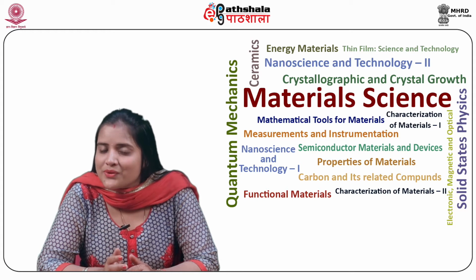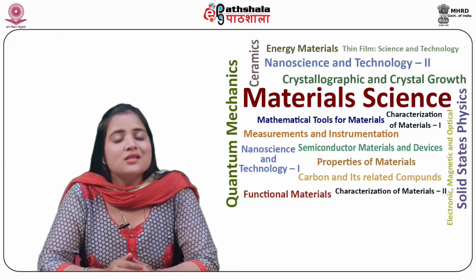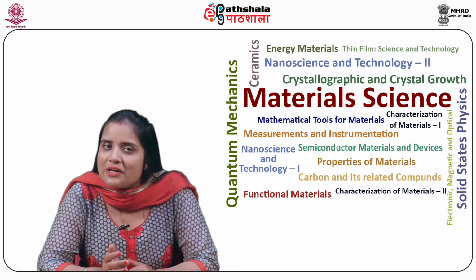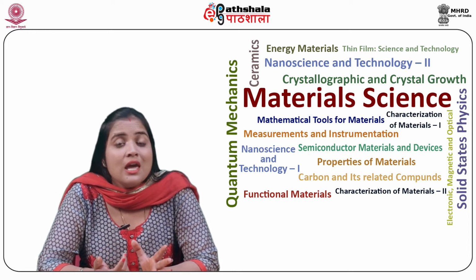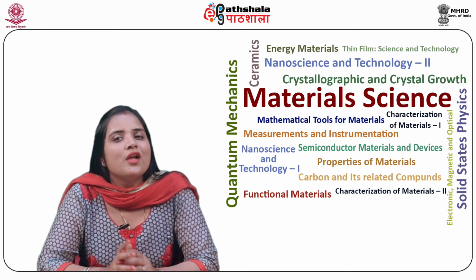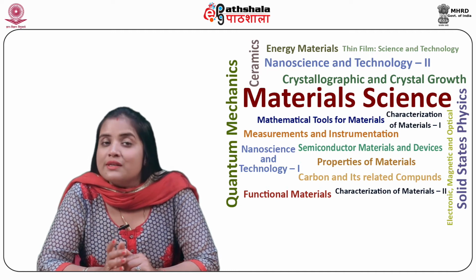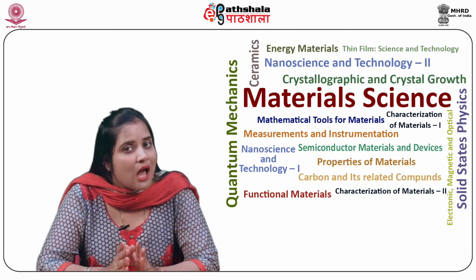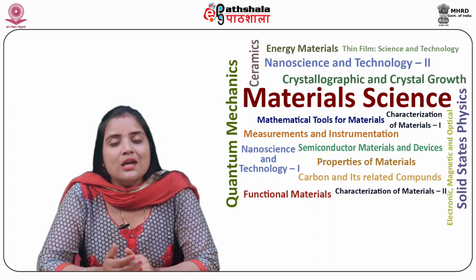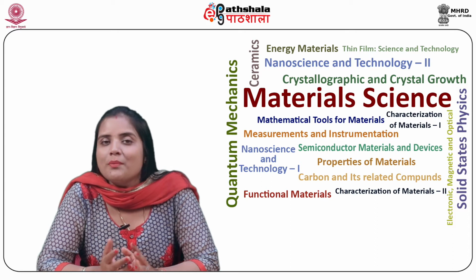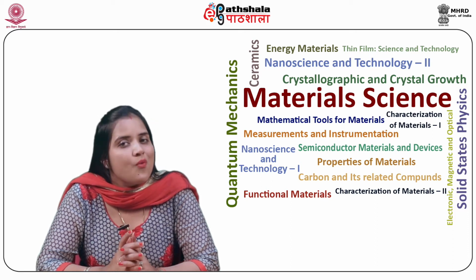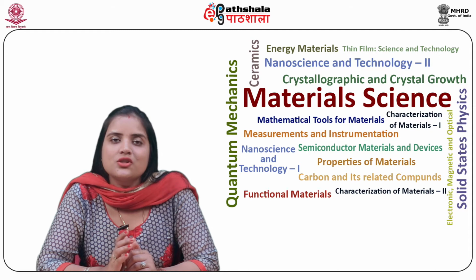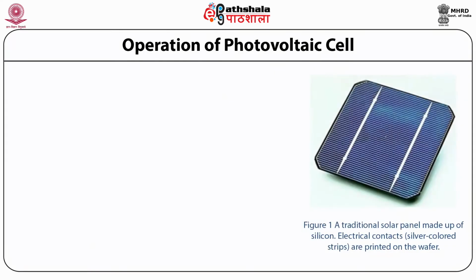They can be used as photodetectors to detect light, or we can say any electromagnetic wave in the visible range. Examples include infrared detectors. Besides, solar cells can also be used to measure the intensity of light which is incident on them.